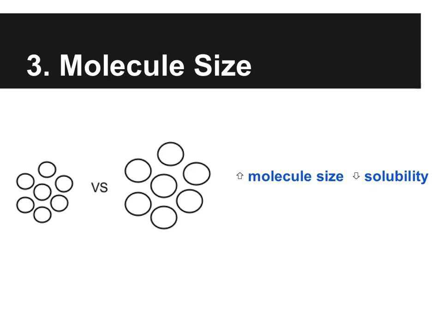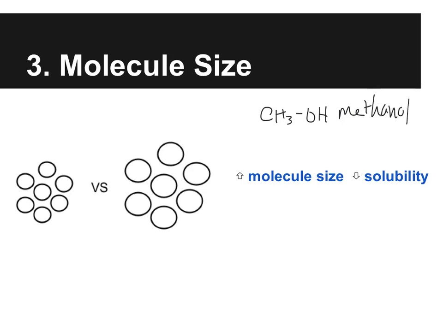The third factor that affects solubility is molecule size. Generally, as molecules get bigger, the solubility decreases. So for example, methanol, which is a really small alcohol, has the structure CH3OH, and is quite soluble in solution.